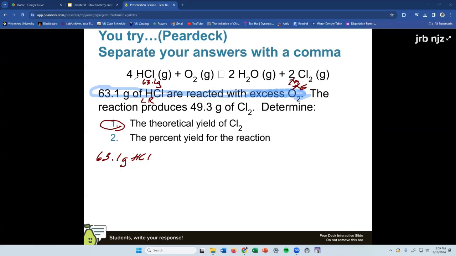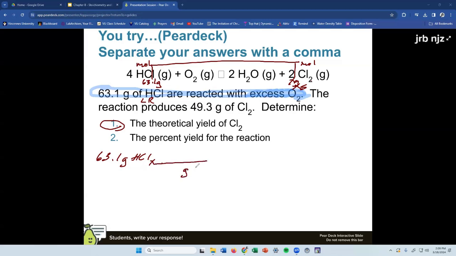And so starting with my 63.1 grams, I know that I'm going to turn this into some amount of chlorine. I need to follow my mole map here, turn this into moles, turn my moles of HCl into moles of chlorine, and then my moles of chlorine into grams. Now, in this particular exercise, we didn't give you the molar masses. So we're going to have to find them ourselves here.